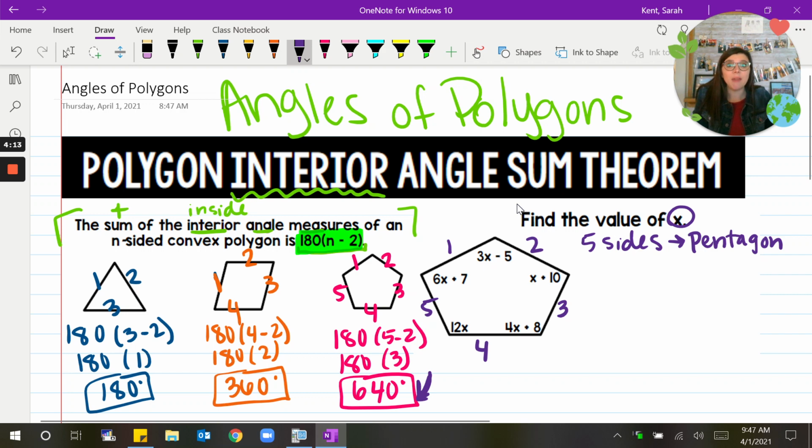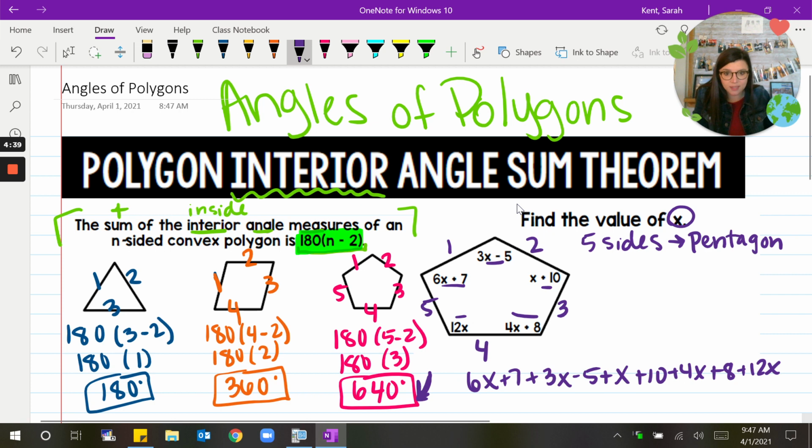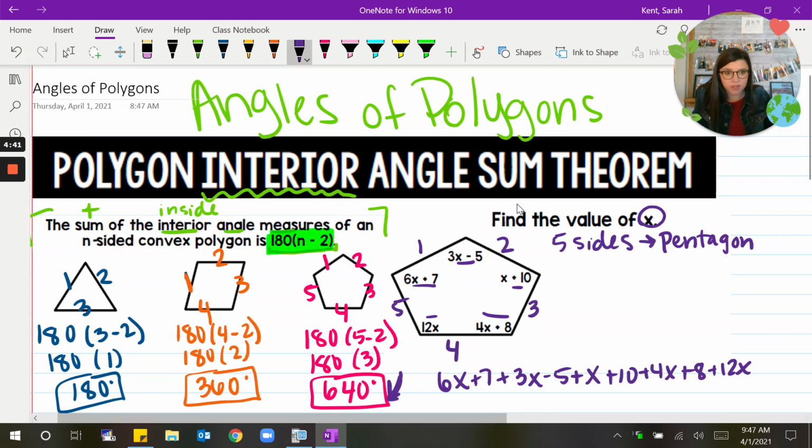So this is going to be a very long equation. If I start here, I'll have 6x plus 7, plus 3x minus 5, that's that next one, plus x plus 10, then down here, plus 4x plus 8, and the last one, plus 12x, and all of this equals 540.